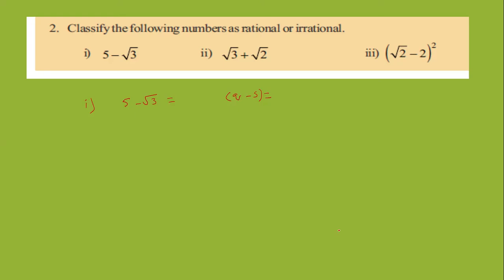So here you may find what you get. Here 5 you write as 5.000 and so on, and root 3 is 1.7320508, and so on. You may find the values of root 3, root 2 and so on.